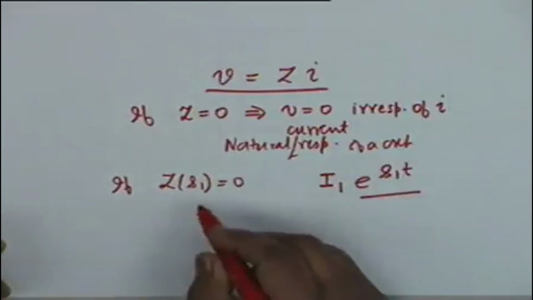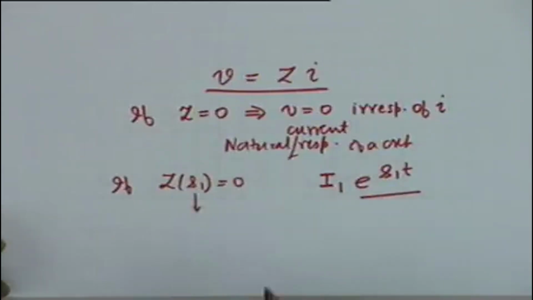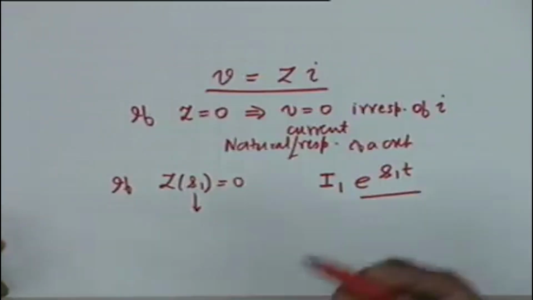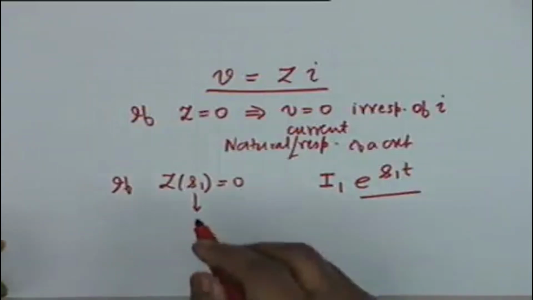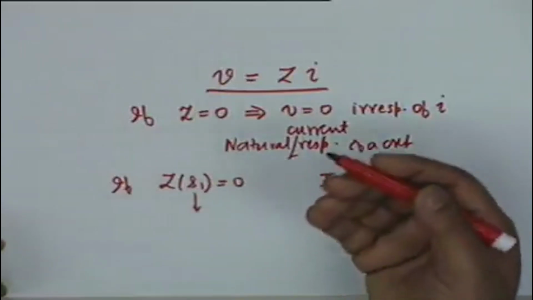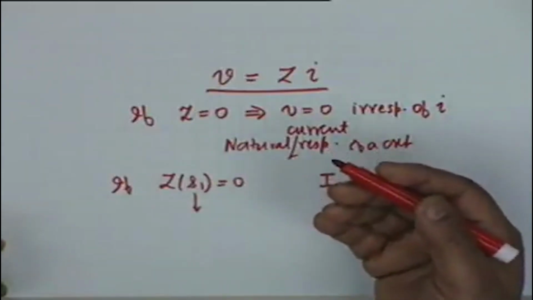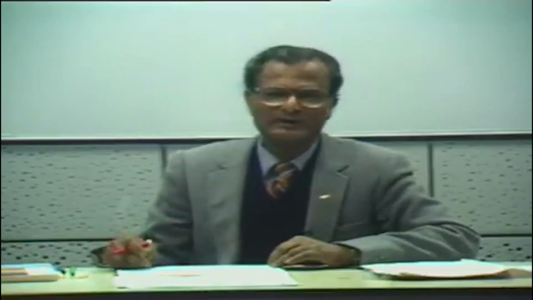And what is the dimension of S1? It is a frequency, and therefore S1, the value of S at which the impedance is 0, is called the natural frequency of current response.